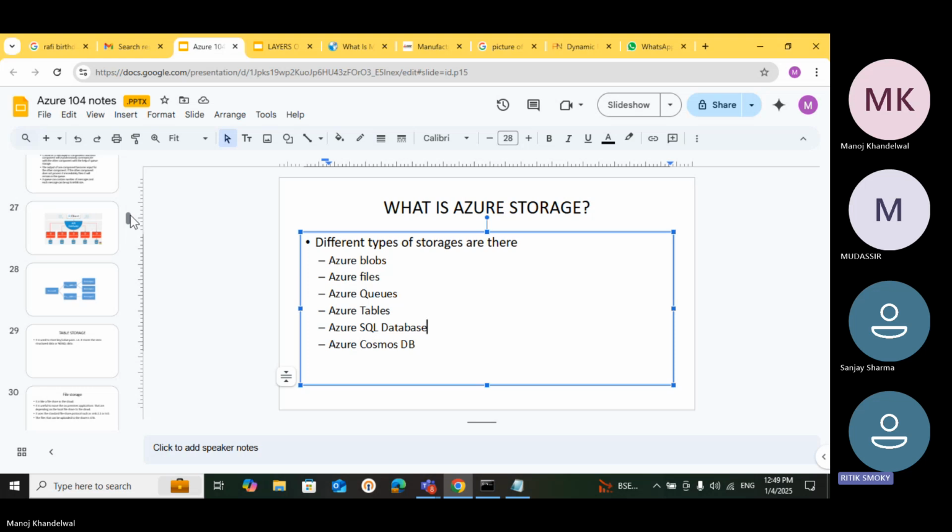Each service runs in a container, and these containers are created in Kubernetes using pods. I asked you what is microservice architecture, right? Mudassir, can you explain what is microservice architecture? In simple words, what do you mean by it?